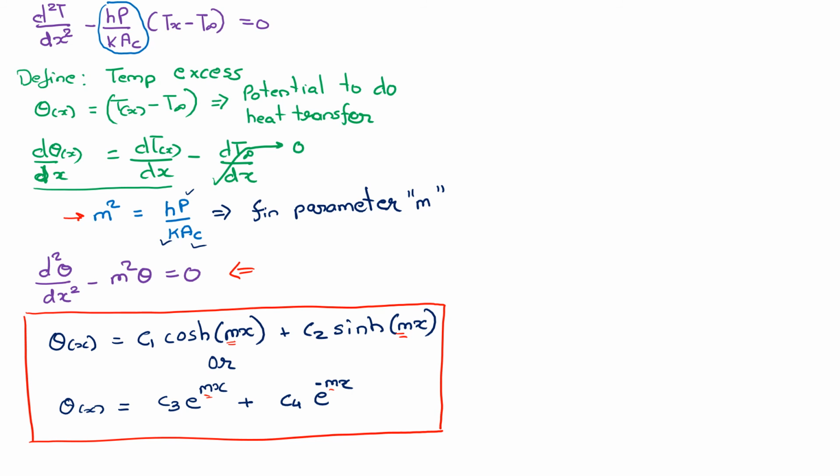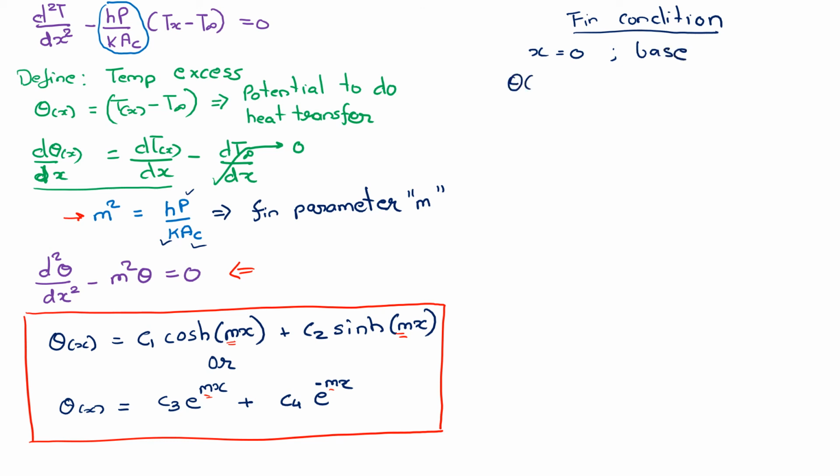Okay, to solve for these constants, we require boundary conditions, and because we have two constants, we need two boundary conditions. Now for an extended surface, you can have four different kinds of boundary conditions. So let's see what kind of conditions you can have. Let's say at x is equal to 0, that's your base.